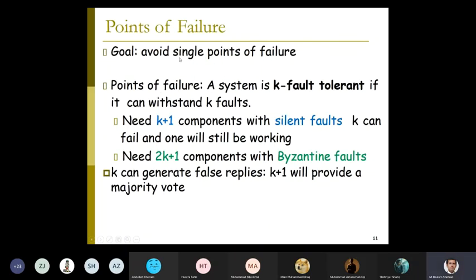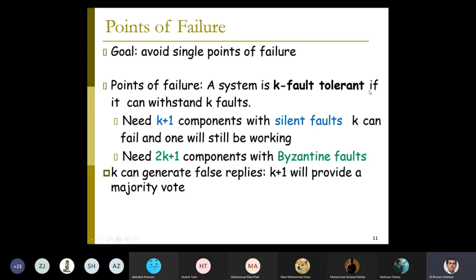So failure, we saw, is natural in a distributed scenario; any system's failure is okay. But how can we increase the fault tolerance of a system? We studied that redundancy is the key. So how many extra systems or components do you need to install to have a k fault tolerant system?